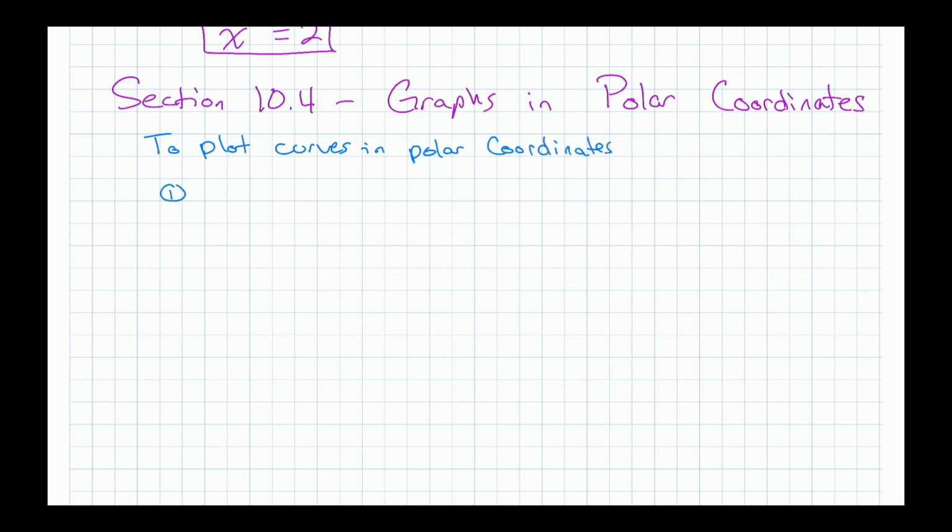The first thing that you want to realize is that from what you know about sine and cosine, you should be able to figure out where a curve is equal to 0.